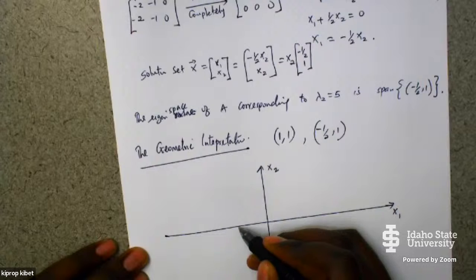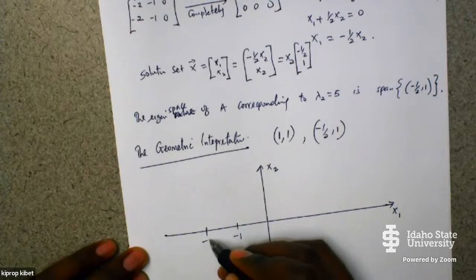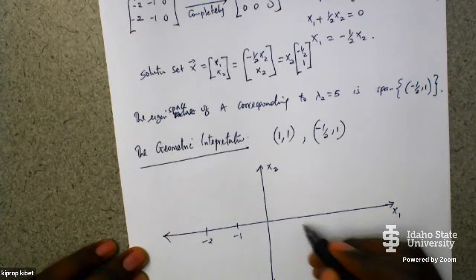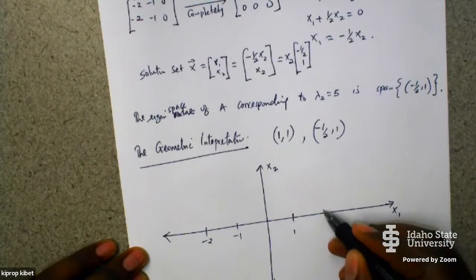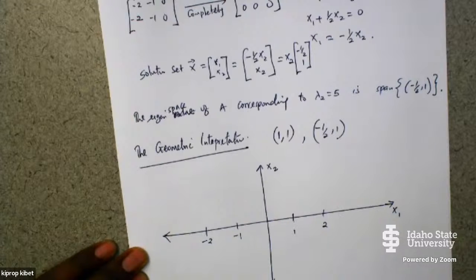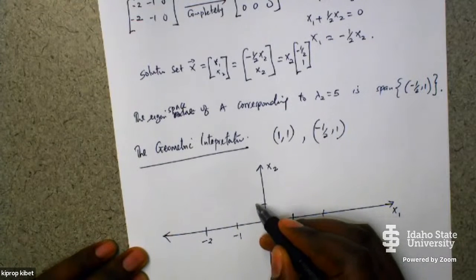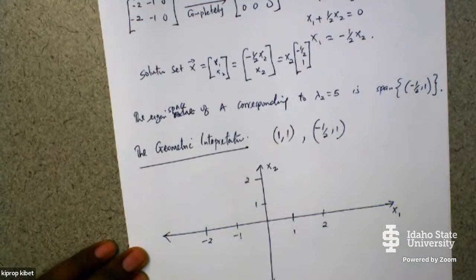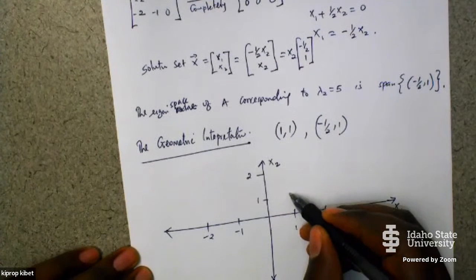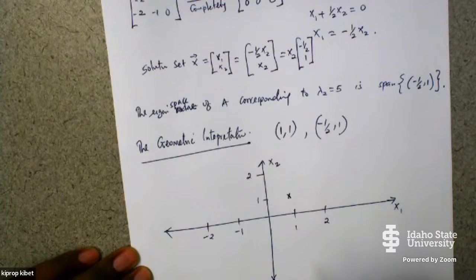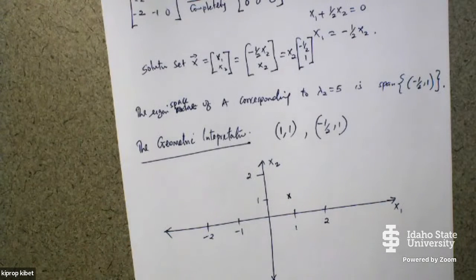We can say this is -1 and then -2, and this is 1 and 2 there. So 1 and 1 is somewhere there.